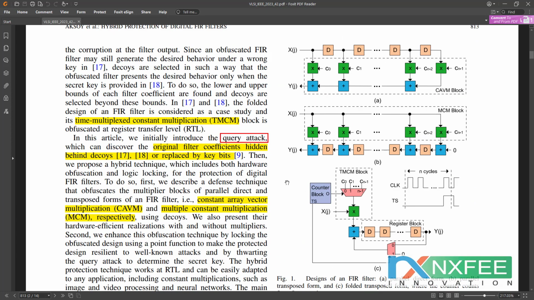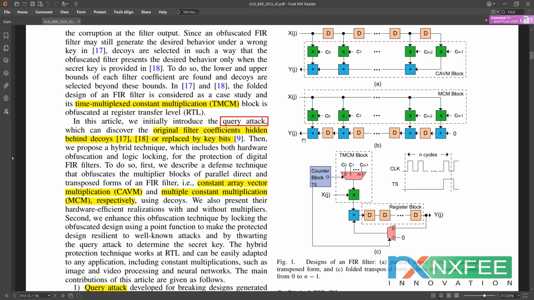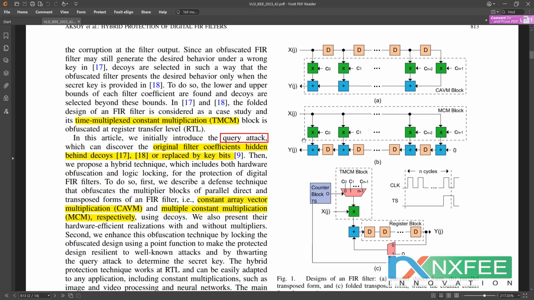For the FIR filter we know the basic simple architecture, that is Figure 1. The design of a FIR filter: figure A is the parallel direct form, figure B is the parallel transposed form, and figure C is the folded transposed form. These three different architectures will be handled here.